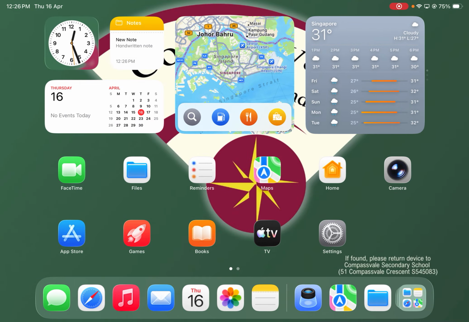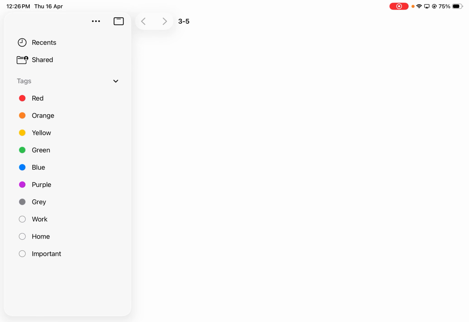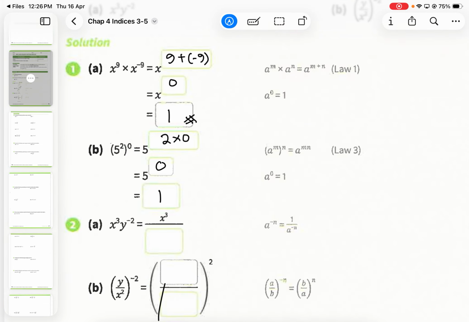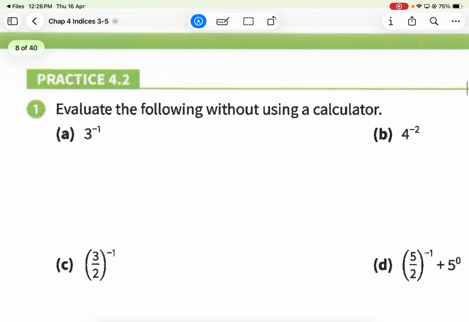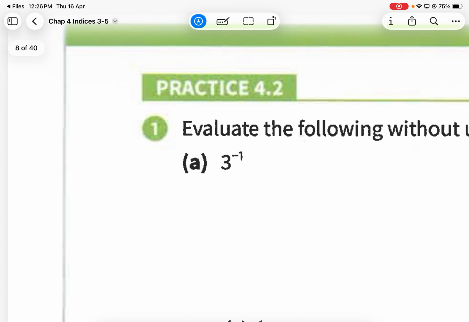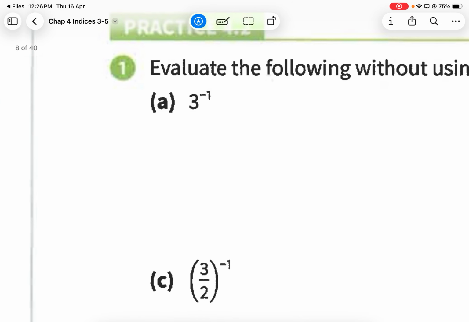Now let us take a look at how the questions can be asked. Like what I said just now, this is negative power.